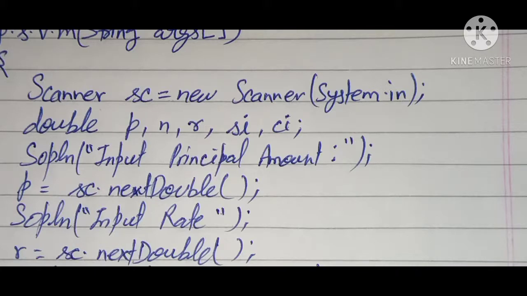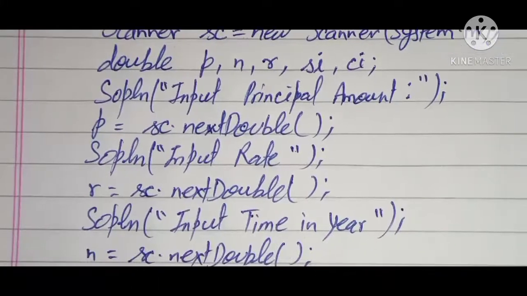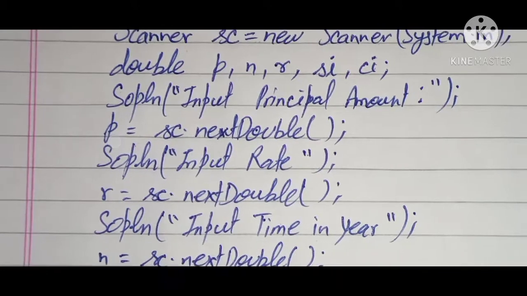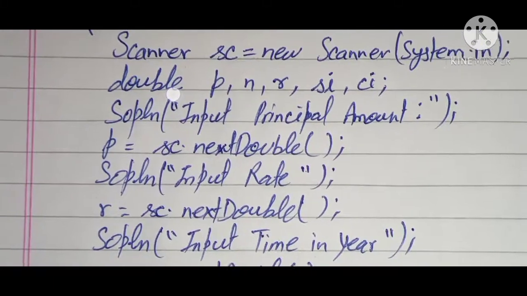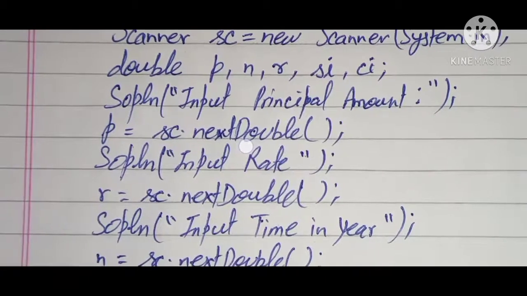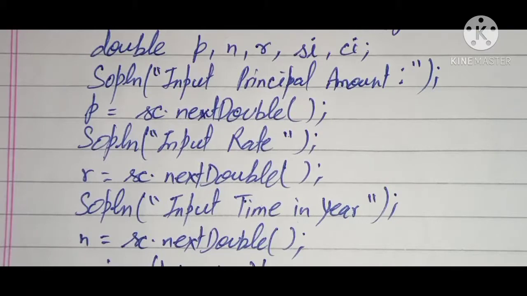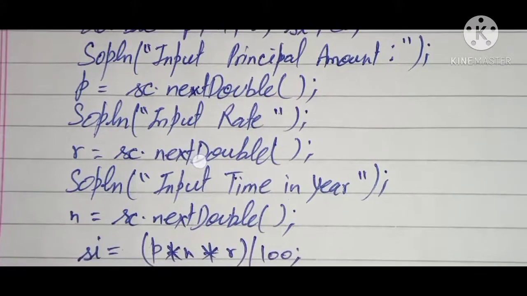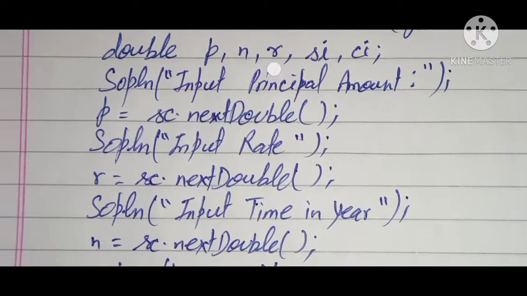Okay, come to the next point. After that, I have written input principal amount. You know how to take a number and how to take a value. This is the logic: P is equal to sc.nextDouble(), because P has been taken as double. This will store the principal amount. And after that, input rate: R is equal to sc.nextDouble(), because R is also double type.